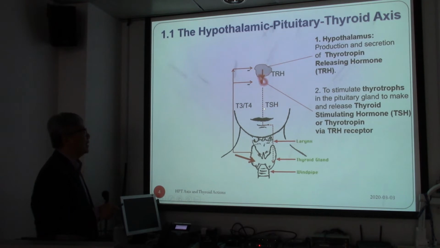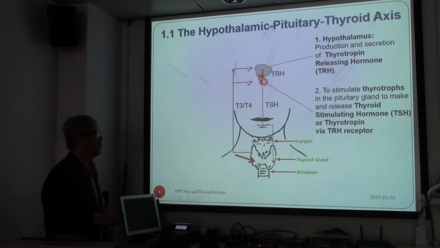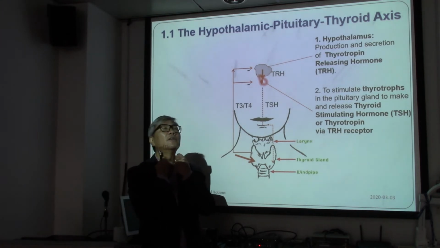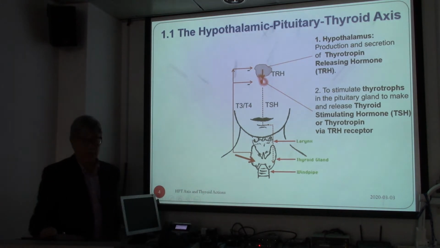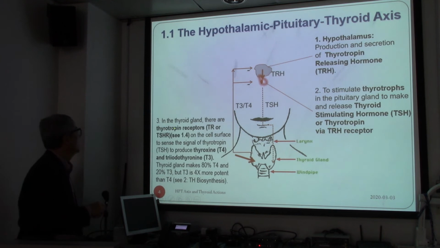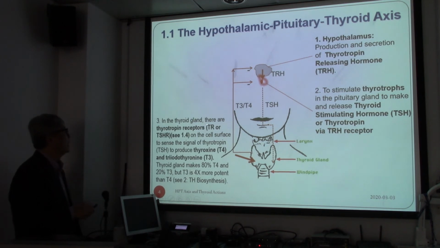TRH, TSH go down to the thyroid gland, as I mentioned, underneath the skin, over a butterfly shape on our neck, and that would be for the production of thyroid hormone. The thyroid gland would produce T4, thyroxine, and also T3, triiodothyronine.